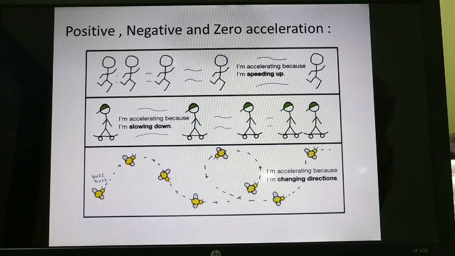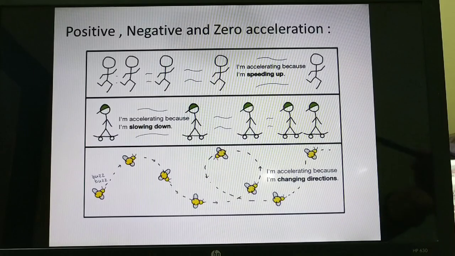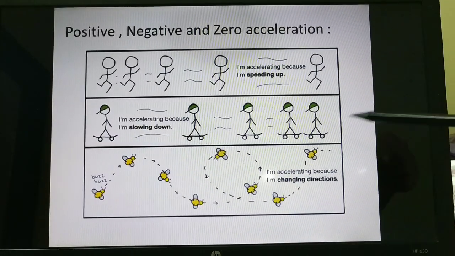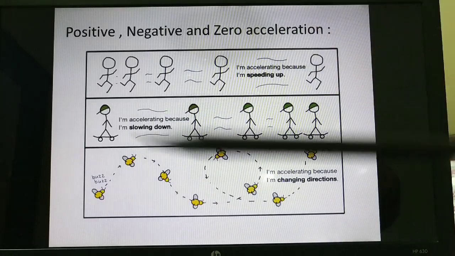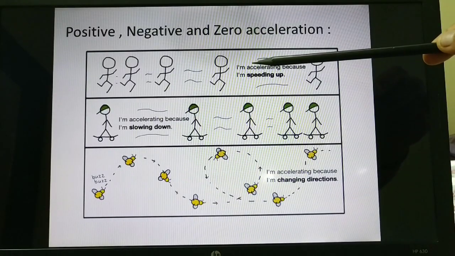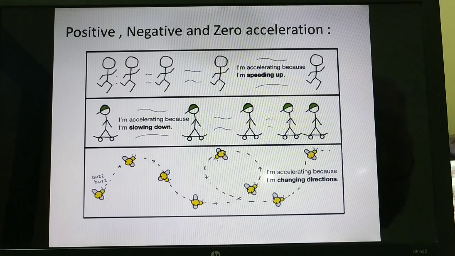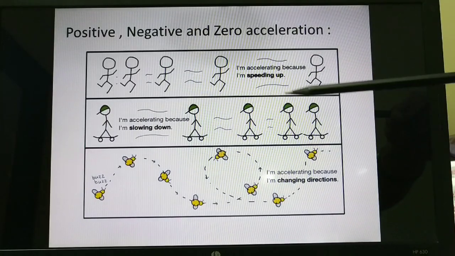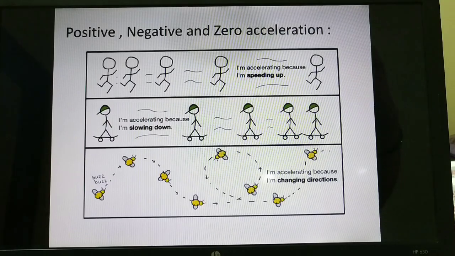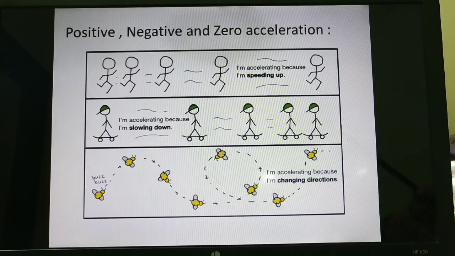When speed decreases, when you slow down, the difference between the velocities will be negative. So when you are speeding up, this is called positive acceleration, and when you are slowing down, this is called negative acceleration.